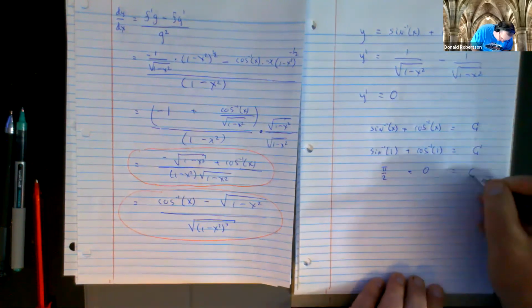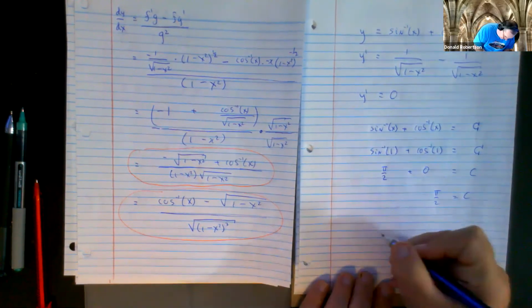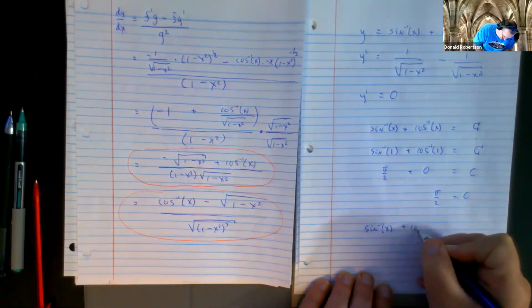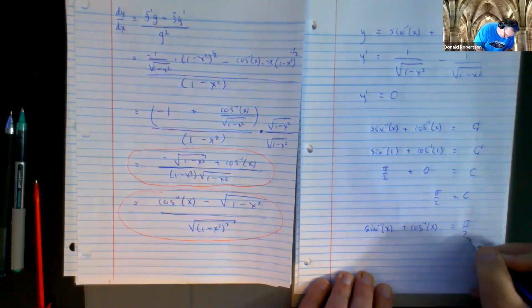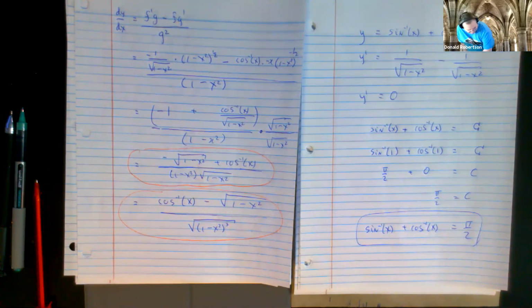Which means, so we have created an identity that the inverse sine of an angle plus the inverse cosine of the angle is always pi upon 2.